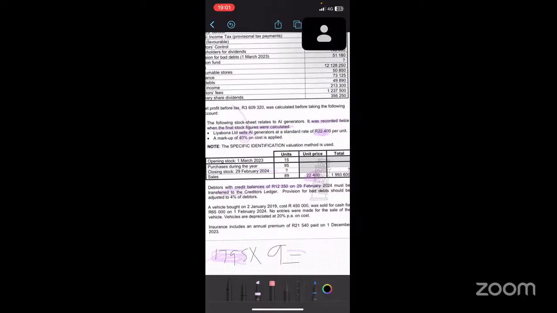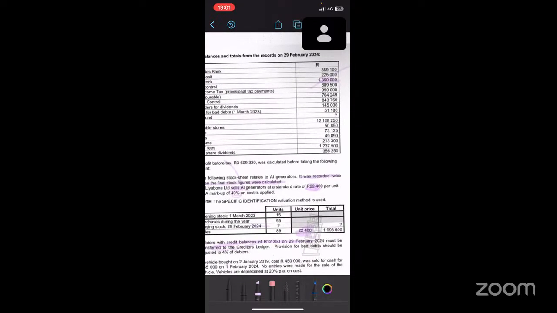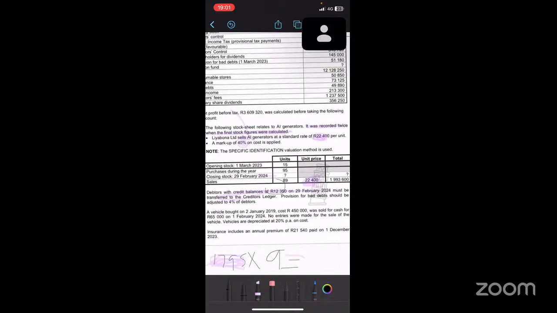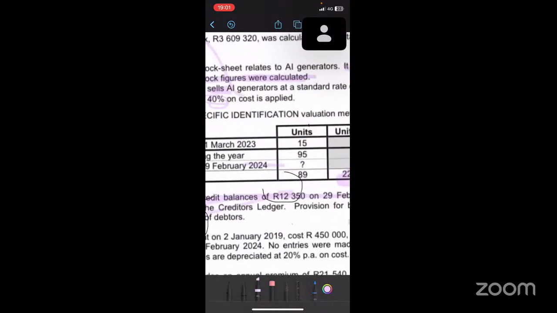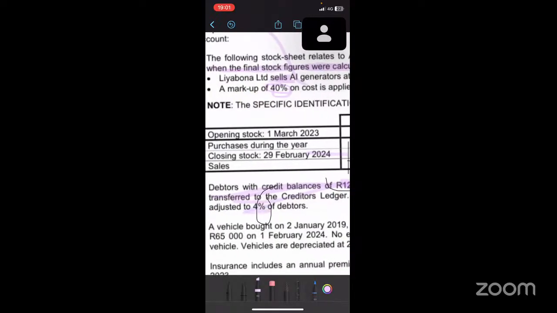And that means you're going to take the total, which is 889,500 minus the 12,350 multiplied by 4%. So it's going to be this amount over here minus 12,350 multiplied by 4%.